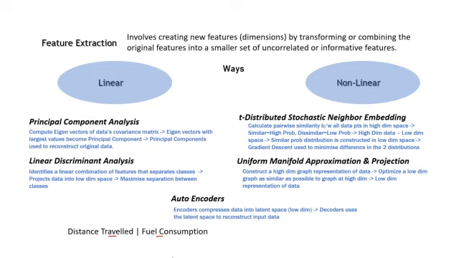What we saw in feature selection was that it discarded features, but here it will combine the two features and create a new dimension or feature, which is going to be fuel efficiency, which is distance divided by fuel, and that will be used.